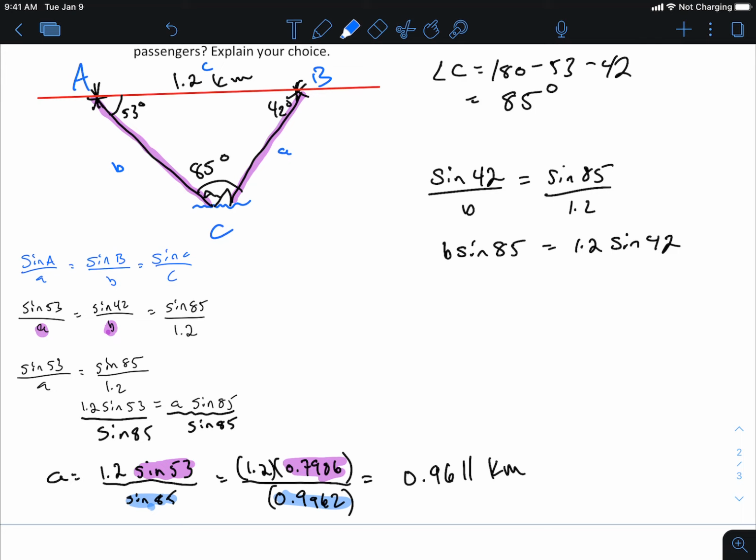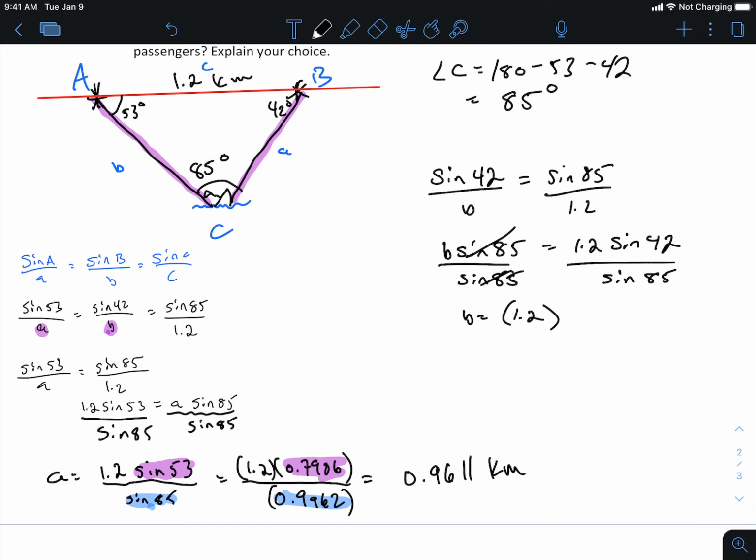Is that okay? Okay. So I just need to find B here. We're going to divide both sides by sine 85. Then they cancel, so B is equal to 1.2. We go find 42. Where's 42 on our trig table? It's near the bottom of the left column. We're still under sine, that's nice.